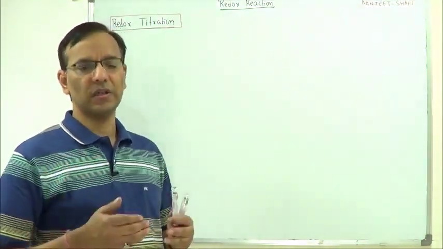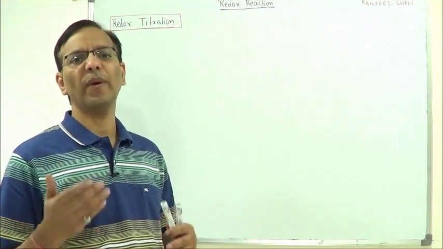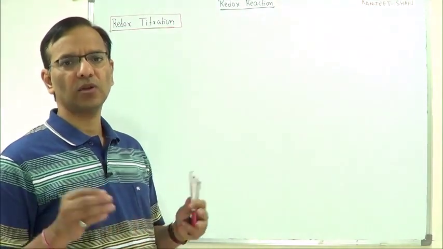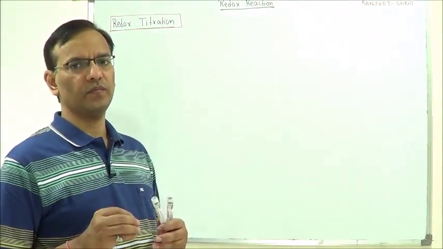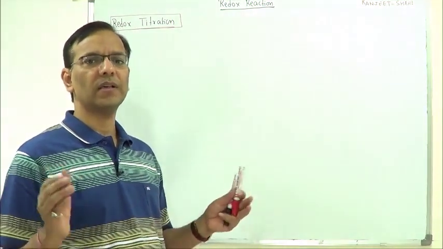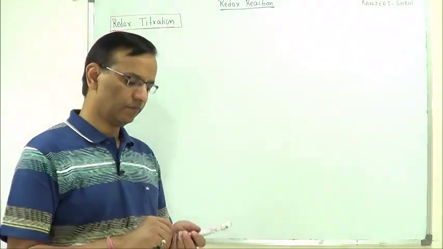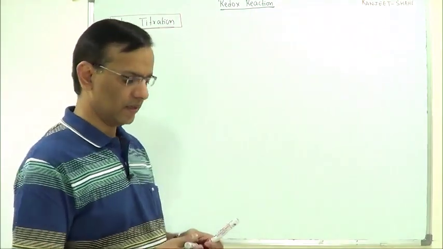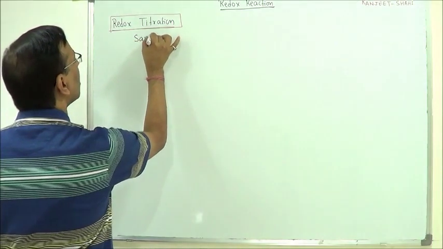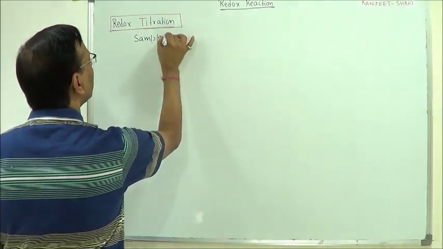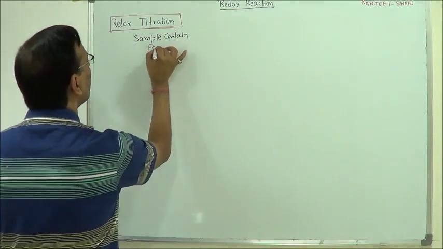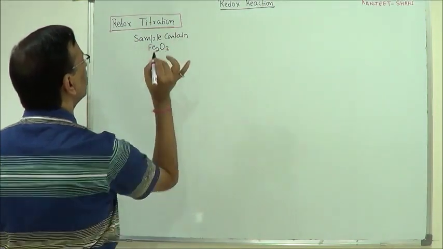Suppose a mineralogist who searches for minerals in earth has got some sample of iron. Suppose a mineralogist has got a sample of iron and he knows that the sample contains iron in the form of say Fe2O3.